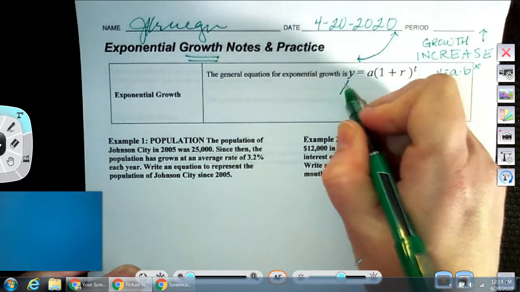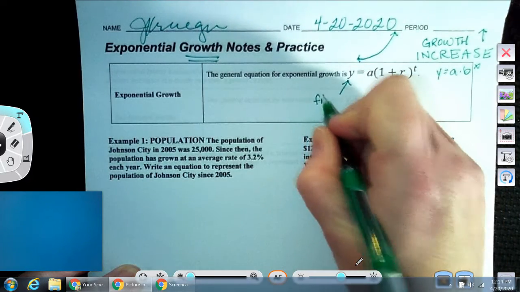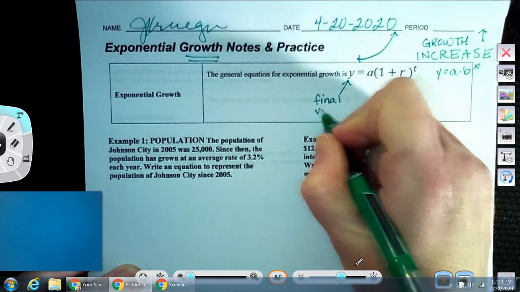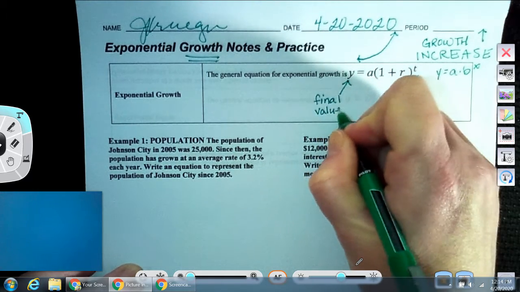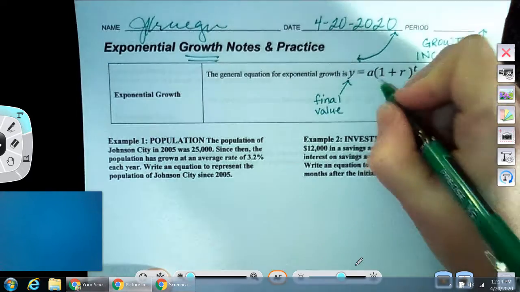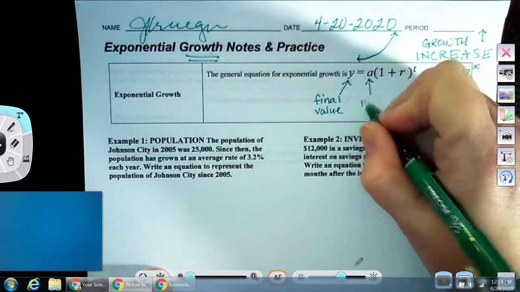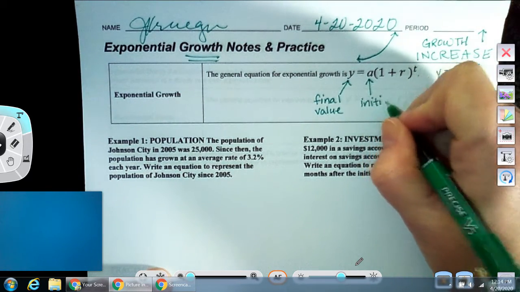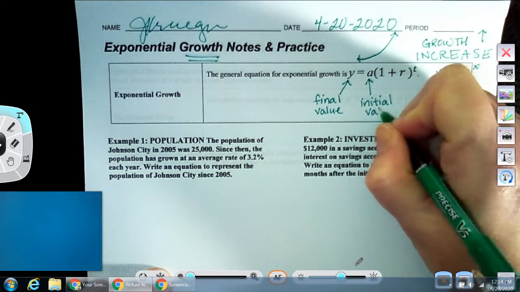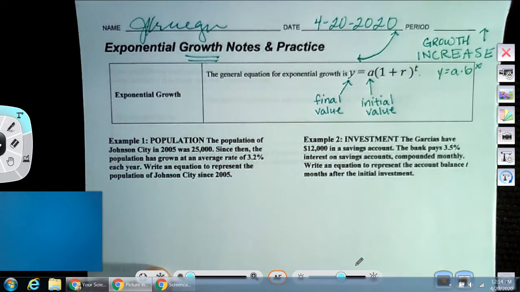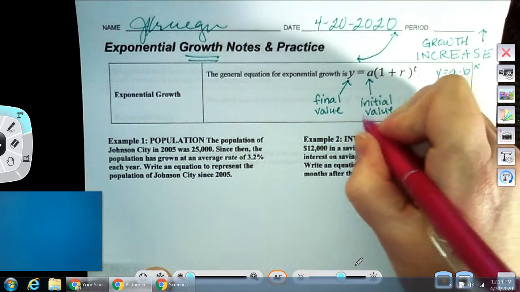So the y is our final value. It's our end result. The a is our initial value. Okay, initial means that is the start, the beginning.